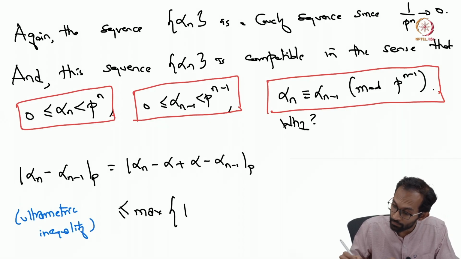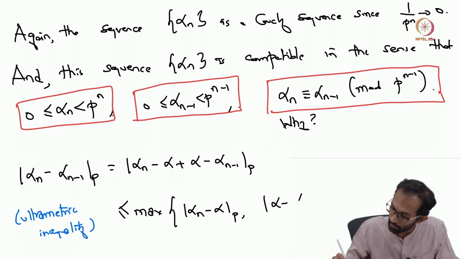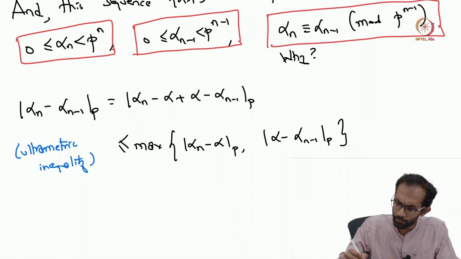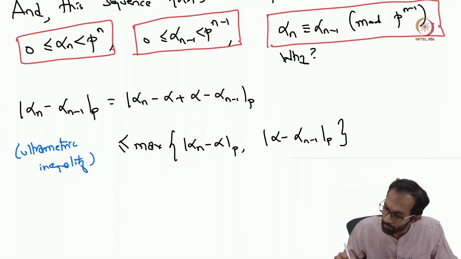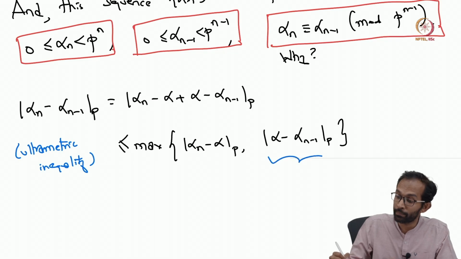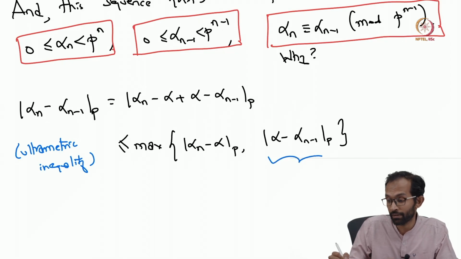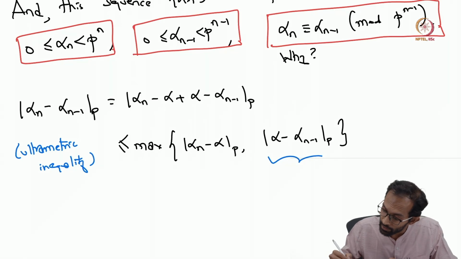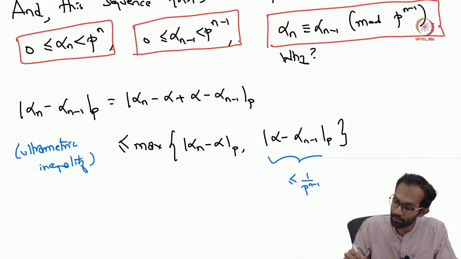On the one hand, the p-adic absolute value of the difference of alpha and alpha_{n-1} is less than 1 over p to the n minus 1.